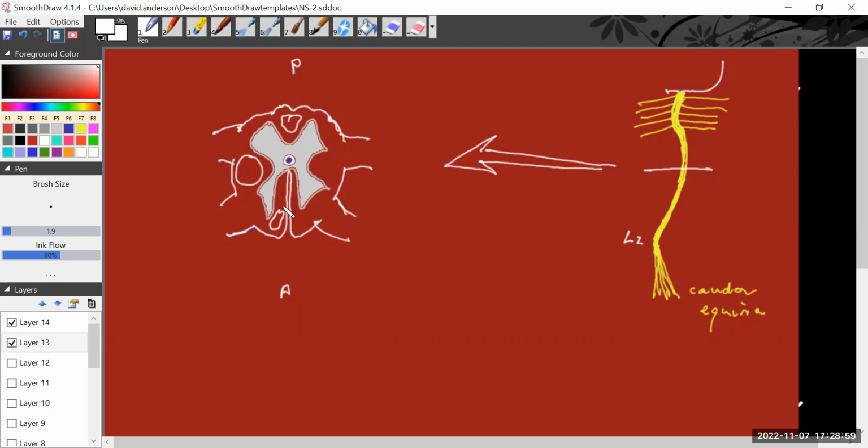So what kind of information would be carried in that spinothalamic tract? Sensory. Exactly. And if I told you there was a tract that was called the corticospinal tract, does that sound like it's descending or ascending? Descending. Of course. And if it's descending, what kind of information is it carrying? Motor. Very good.